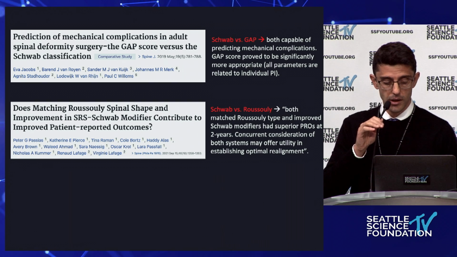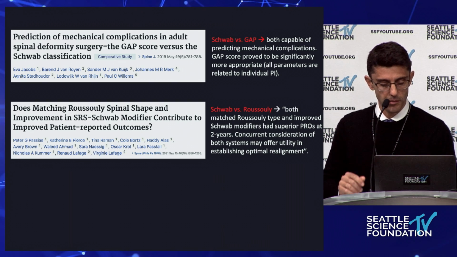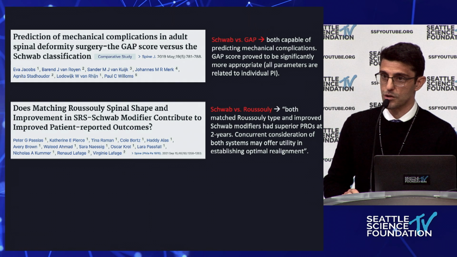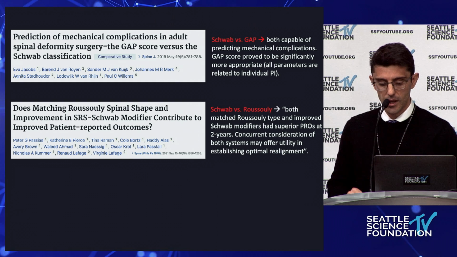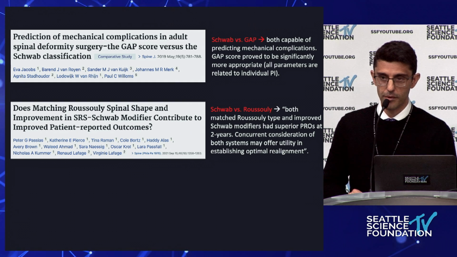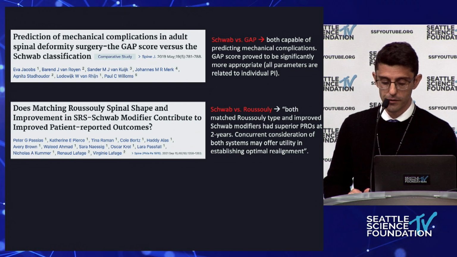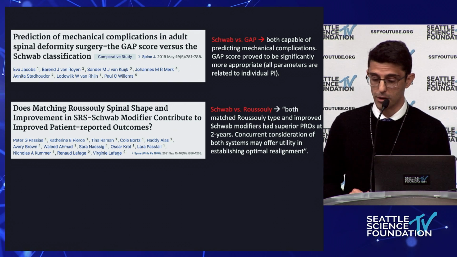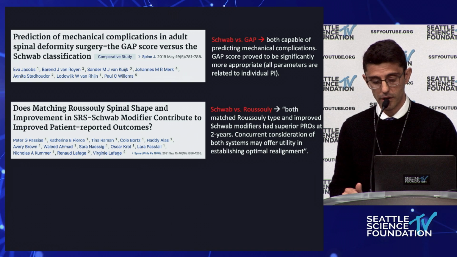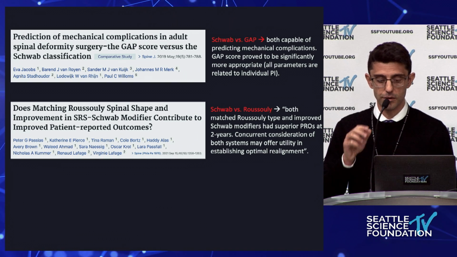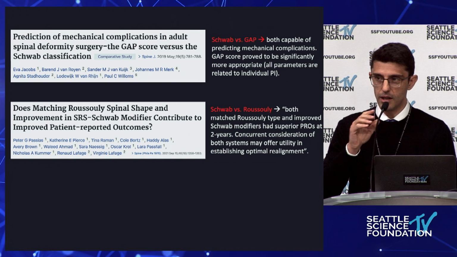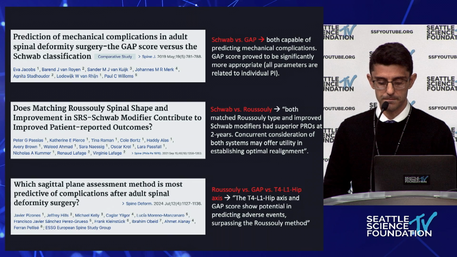A study from Lafage et al. in 2021 compared the Schwab modifiers to Roussouly, and as I quote, both matching the Roussouly type and improving the Schwab modifiers had superior patient-reported outcomes at 2 years. Therefore, concurrent consideration of both systems may offer utility in establishing realignment.